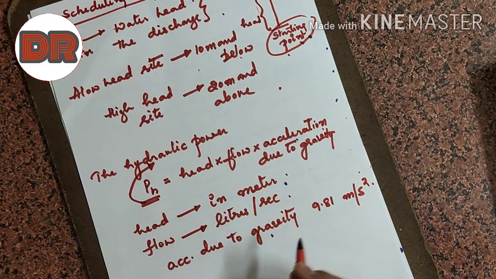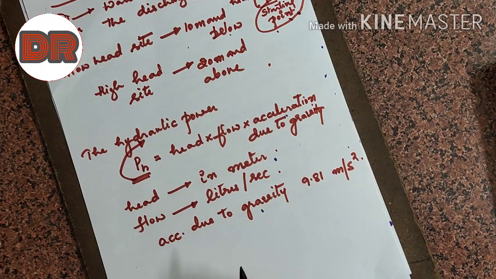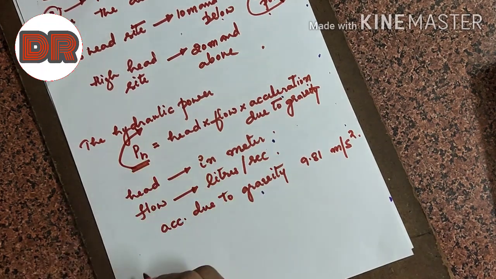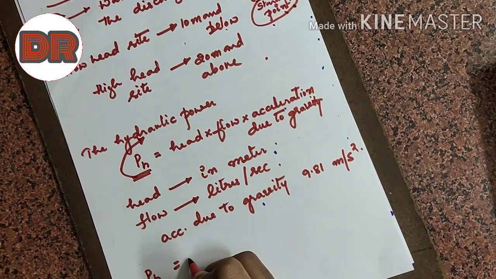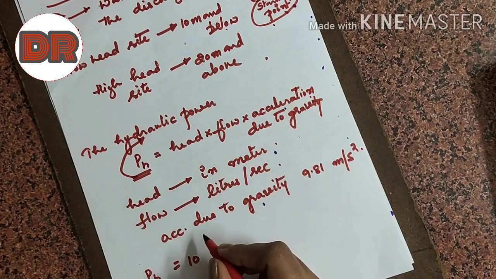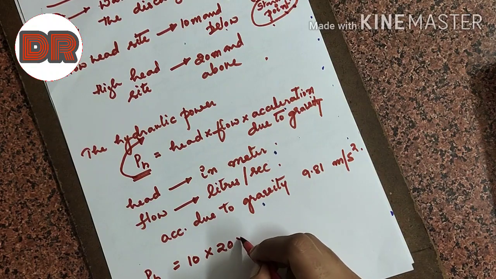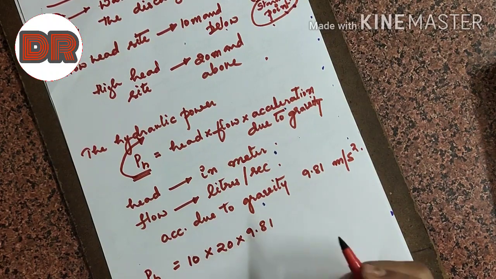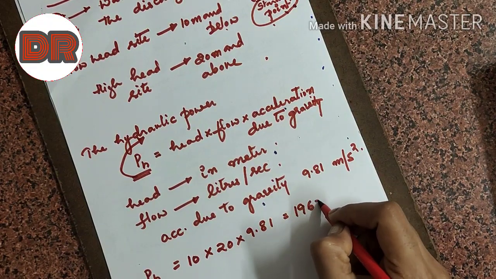We can expect about 50 to 60% system efficiency of turbine and generator together. Suppose, for example, a 10 meter head, water flow of 20 liters per second, and gravity of 9.81: we get hydraulic power of 1962 watts.